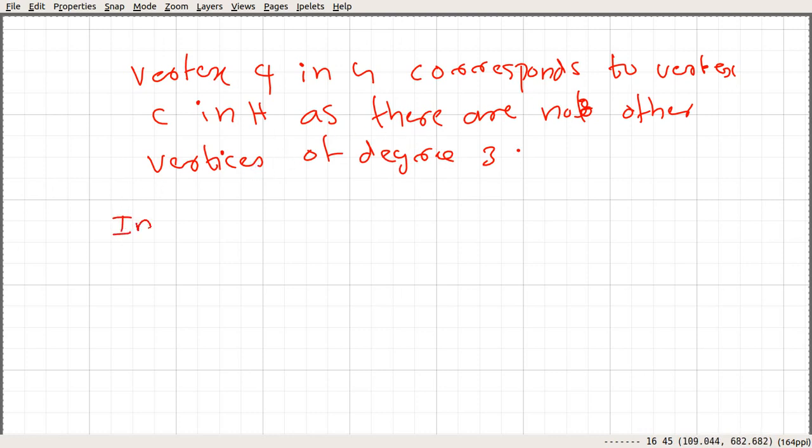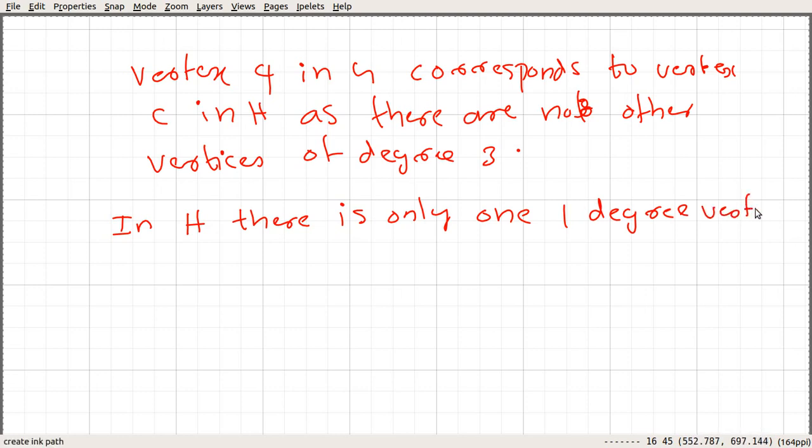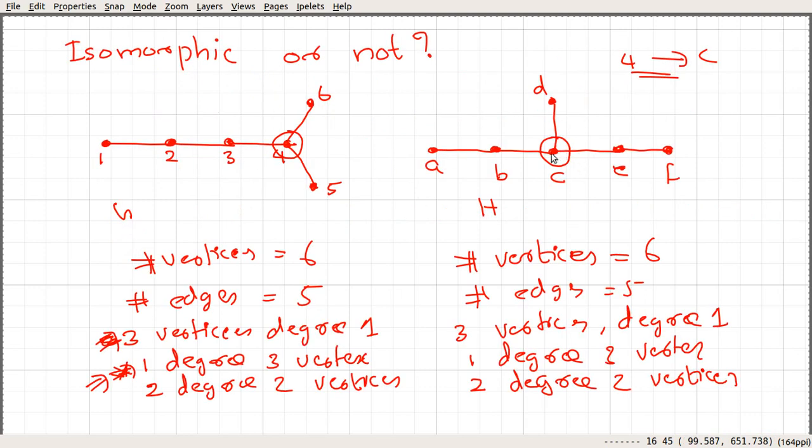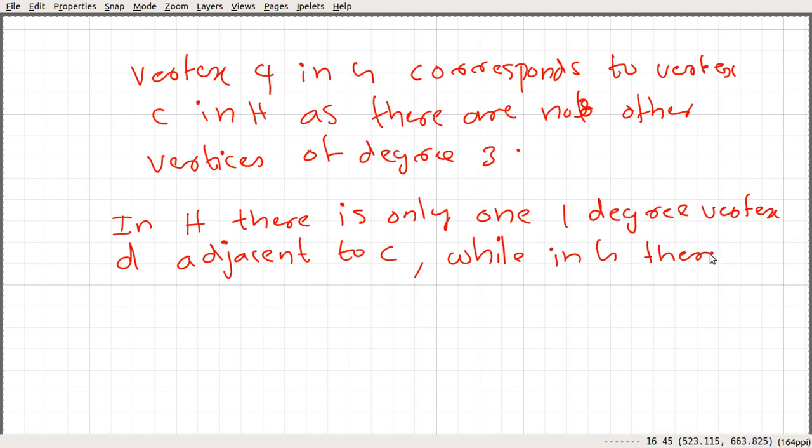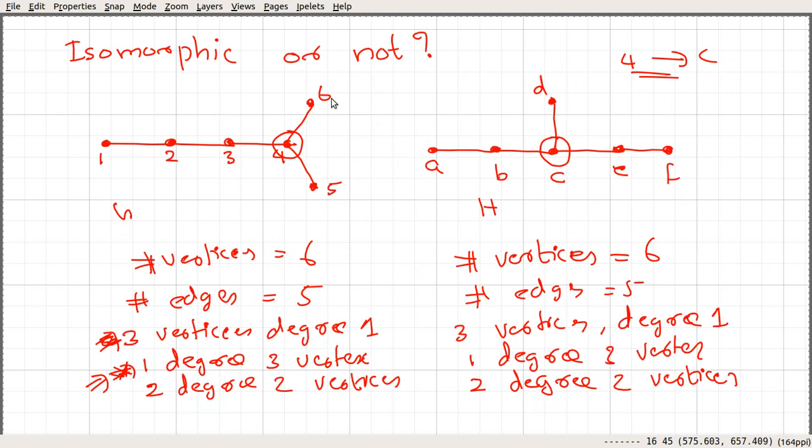As I said, you can see that in H there is only one degree 1 vertex, D, which is adjacent to C. While in G there are two vertices of degree 1 adjacent to this 4.